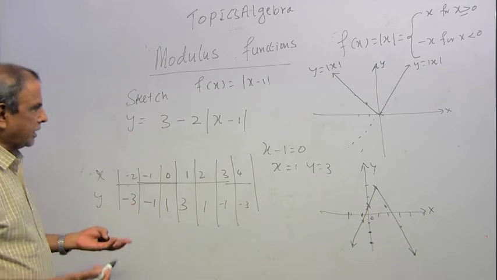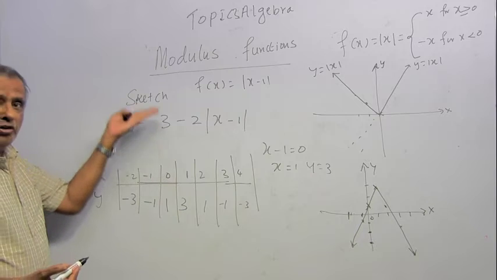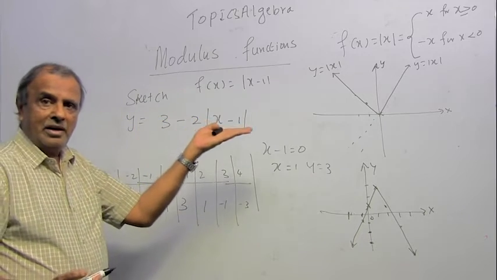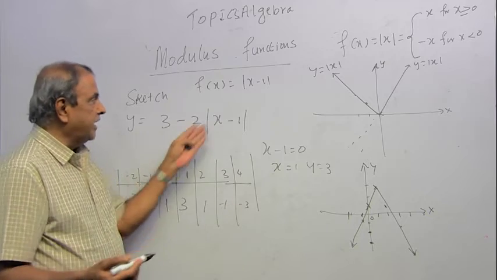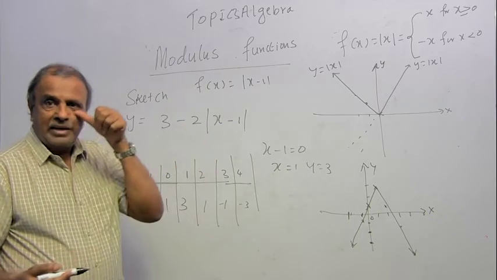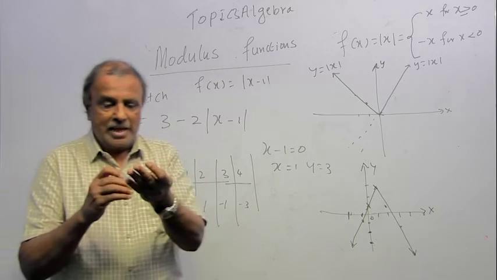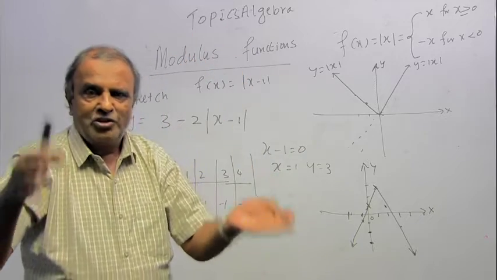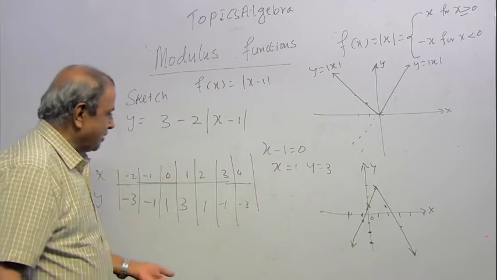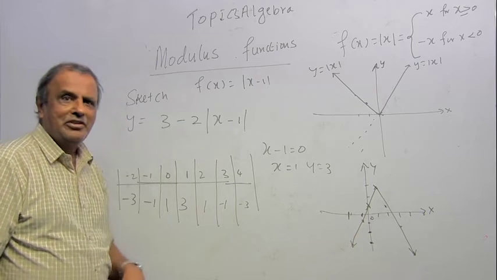So the best way to draw the graph, even though of course I talk to you about transformations. Sometimes, depending upon the kind of students I have, I teach using transformations. But in an exam, they don't bother which way you do as long as you get your graph right. So I would rather stick to the simple tables which you are very familiar with from your GCSE.